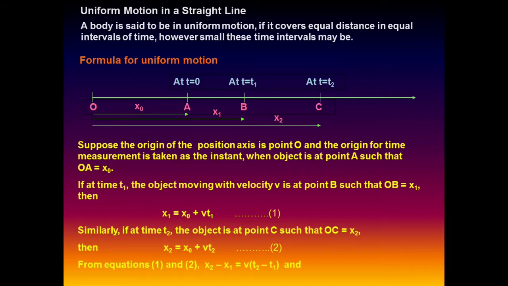Now from these equations 1 and 2, from the formula velocity equal to displacement by time, here the displacement x2 minus x1 is equal to v into t2 minus t1. So v is equal to x2 minus x1 by t2 minus t1, right?